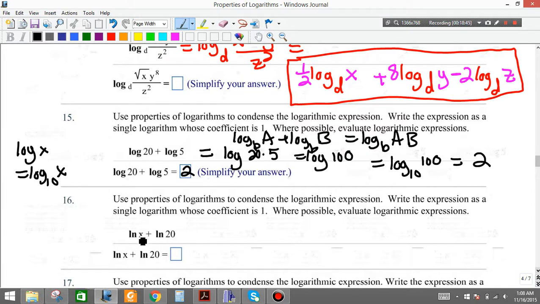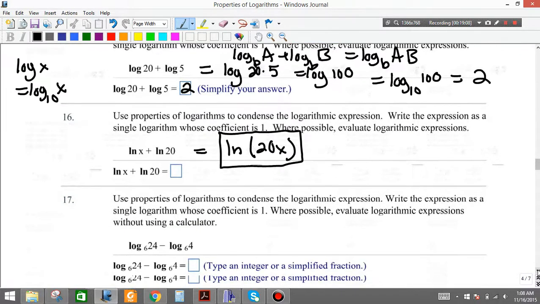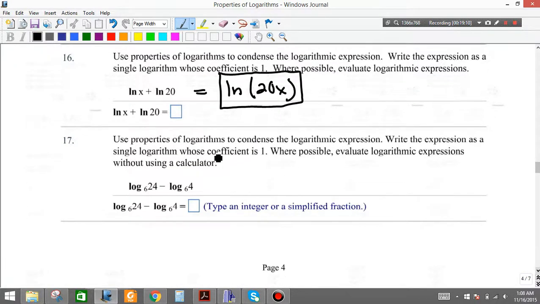Here, the natural log of x plus the natural log of 20, again, the addition of 2 logs becomes the single log of the multiplication. So the natural log of x plus the natural log of 20 is simply the natural log of the product, the natural log of 20x.